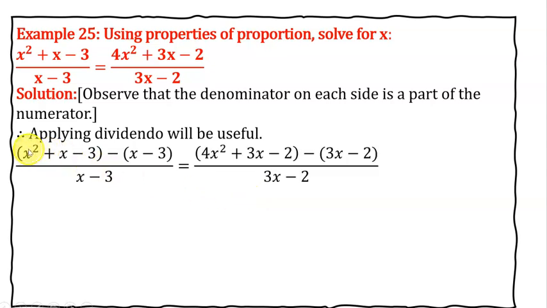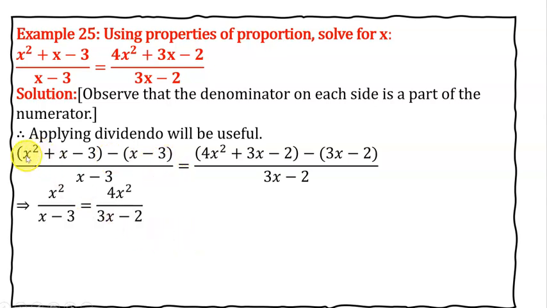Therefore, by applying dividendo: (x square plus x minus 3 minus (x minus 3)) upon (x minus 3) equals (4x square plus 3x minus 2 minus (3x minus 2)) upon (3x minus 2). If you open the bracket, plus x and minus x get cancelled, and minus 3 and plus 3 also get cancelled.